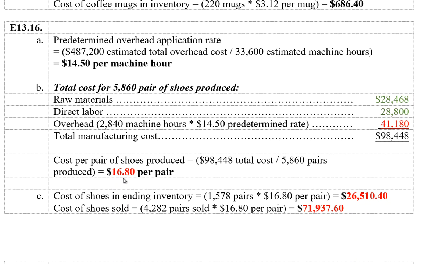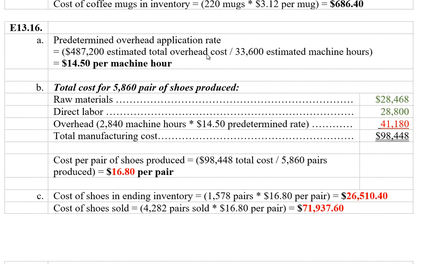Okay. Now, what I want to tell you is that the problem actually mentions the word absorption, right? It says calculate the predetermined overhead application rate that will be used for absorption costing. Now I want to make sure that you're clear, and we'll cover this, but this $16.80 does include an estimate for overhead.